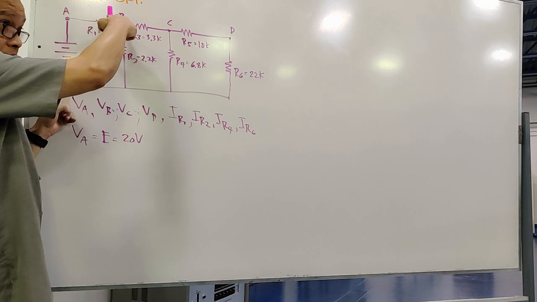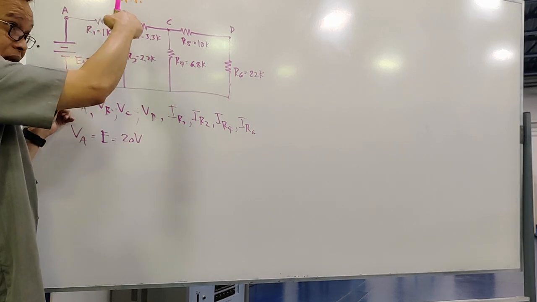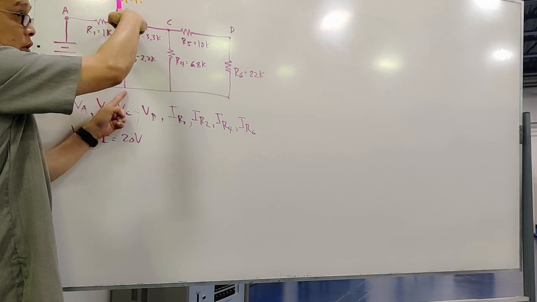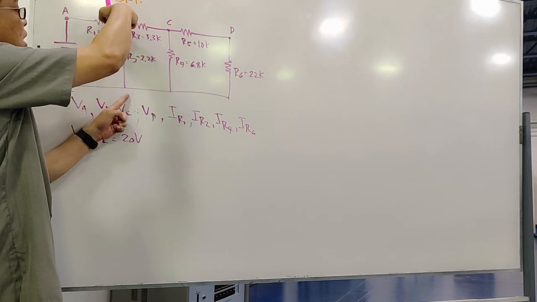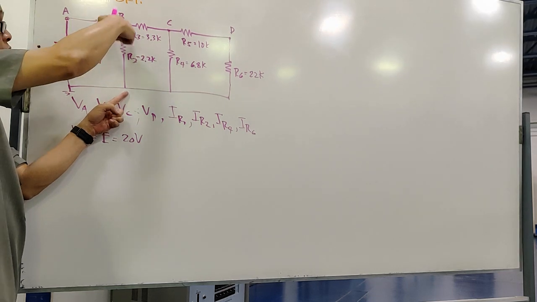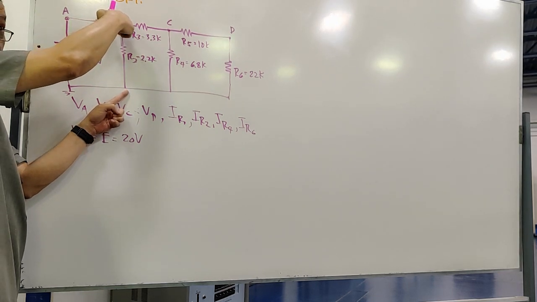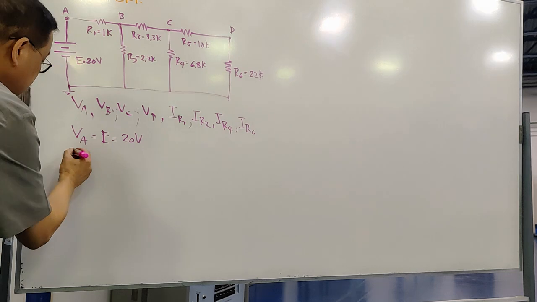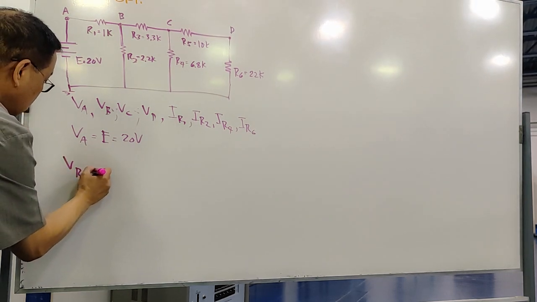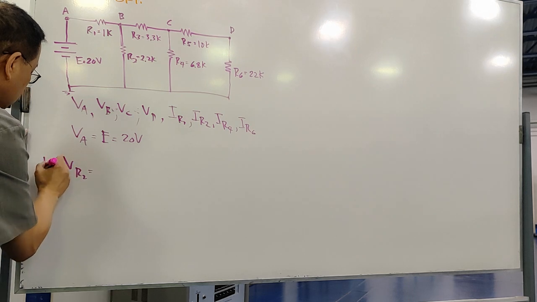What you are actually measuring is the voltage across R2. So we can say that VR2 is just equal to VB.